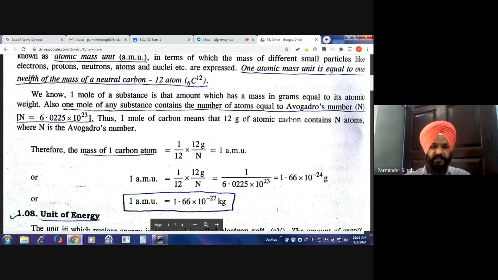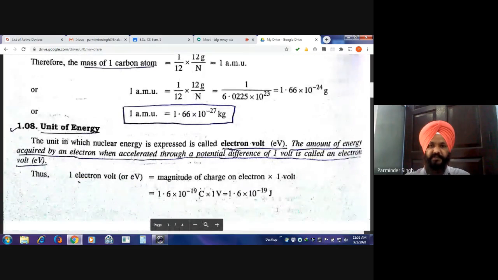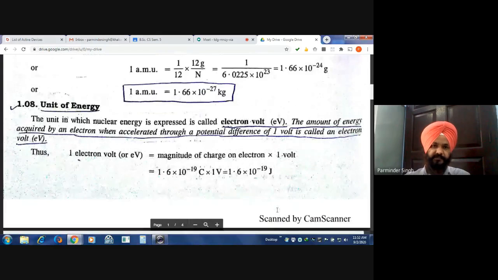So this is all about 1 AMU, or 1 atomic mass unit: 1 atomic mass unit is always equal to 1.66 × 10^-27 kilogram.